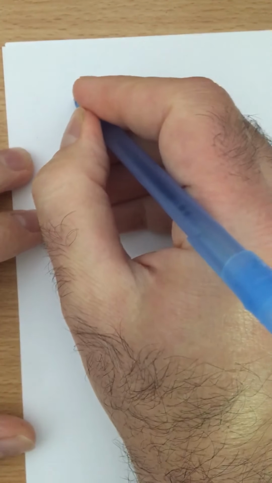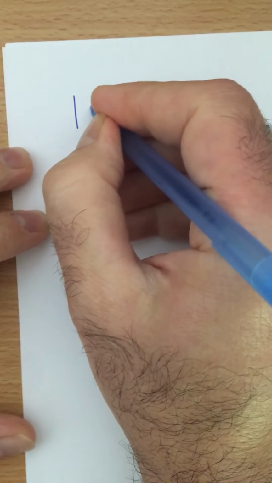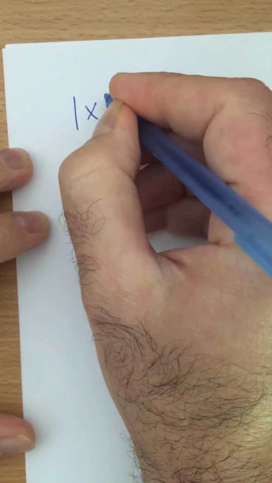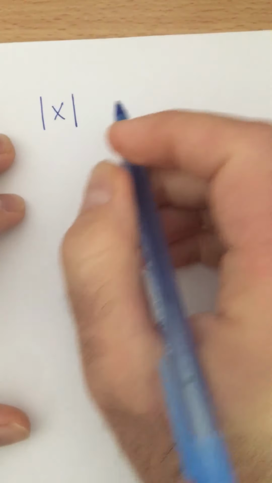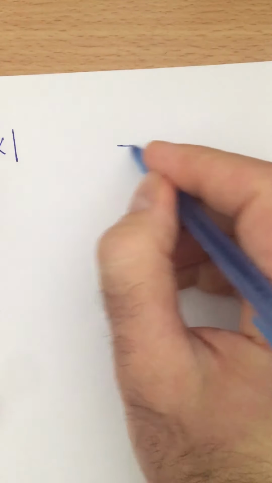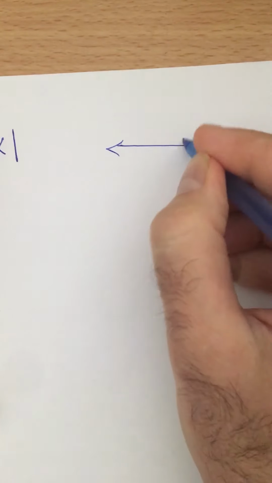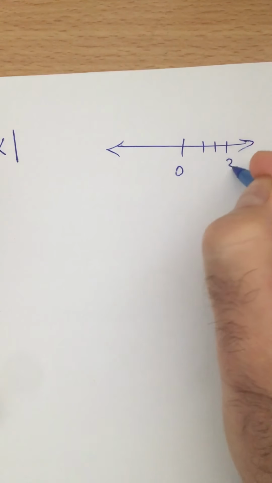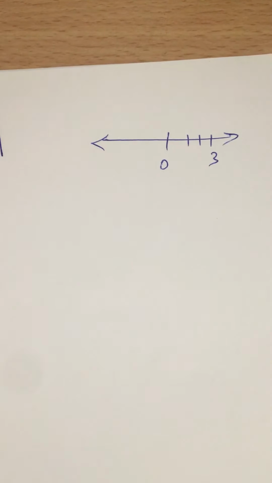I'm just going to do one problem on page 101. But before we get to the problem, let's talk about what absolute values mean. Absolute value, which we symbolize by these two straight lines, is the distance of a number from 0 on a number line. So for example, if I have 3, what's the distance of 3 to 0?